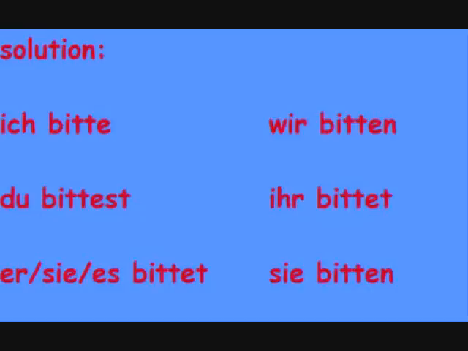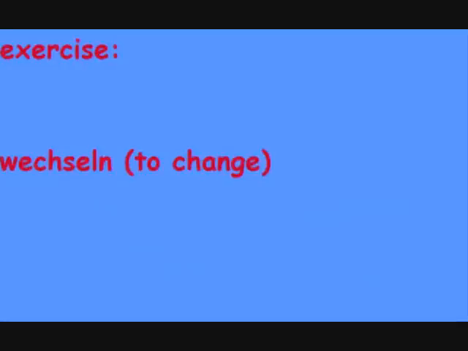And another exercise for the other verb groups is wechseln, which also means to change, with a second meaning of to exchange, because to change has more meanings in English, and therefore we have different words in German. So try to conjugate this word now.